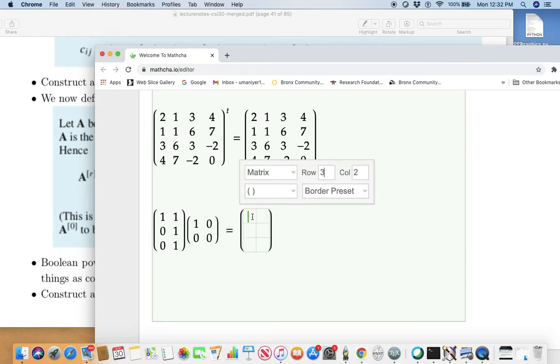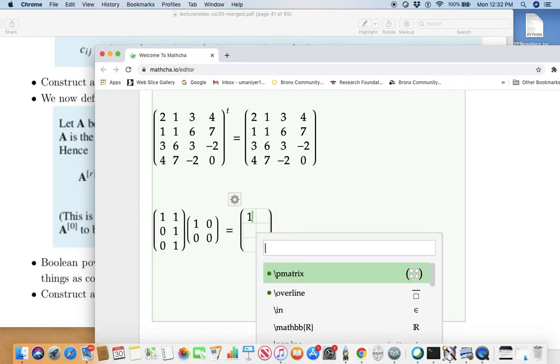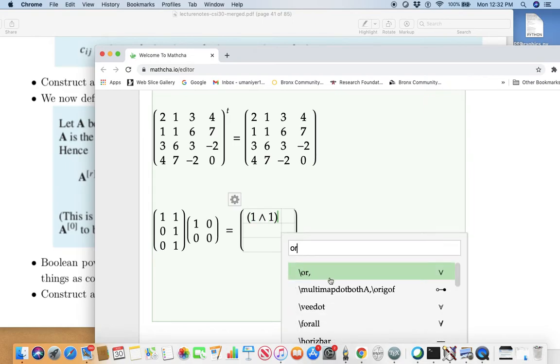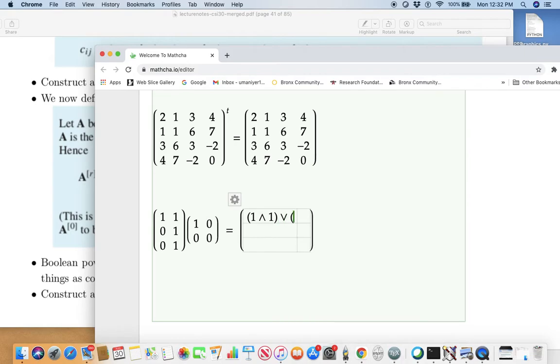Okay. What is this entry? This entry is first row, first column. So first row, first column. 1 and 1, you see? 1 and 1 or 1 and 1 or 1 and 0.